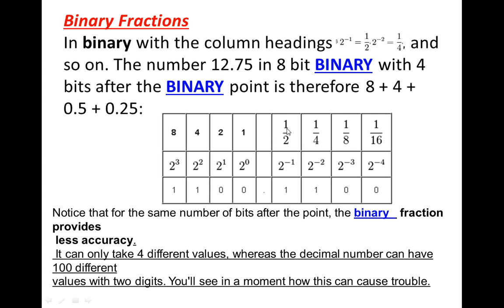Because after the decimal point, the first one is 1 by 2, that is 0.5, and then 1 by 4, that is 0.25. And here these are your numbers: 2 power 0, 2 power 1, 2 power 2 and 2 power 3.